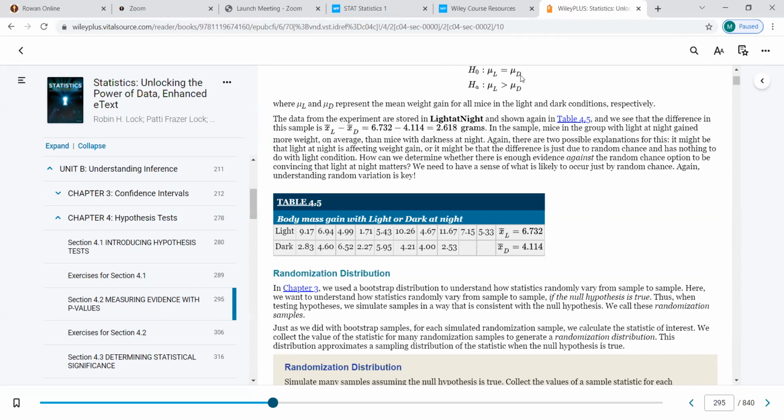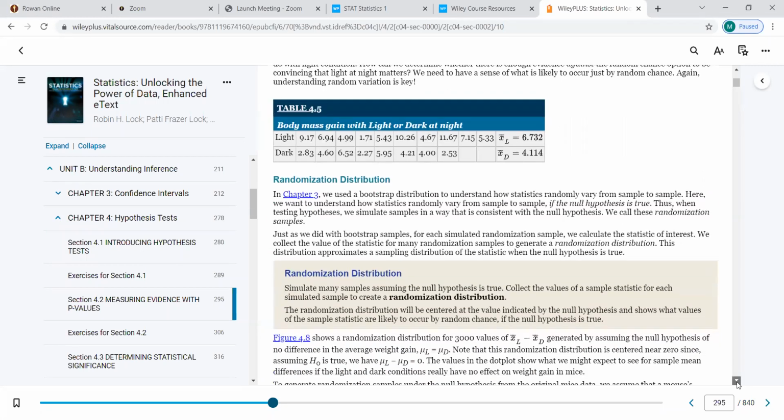So we would ask the computer to create these so-called randomization samples, hypothetical samples which have the difference in the means be zero, as we're assuming.